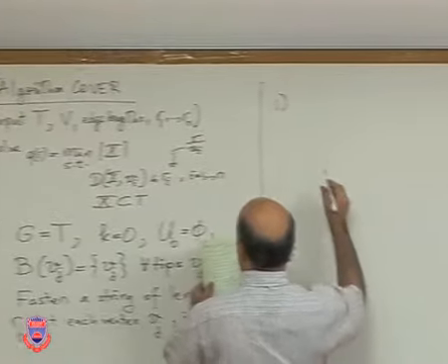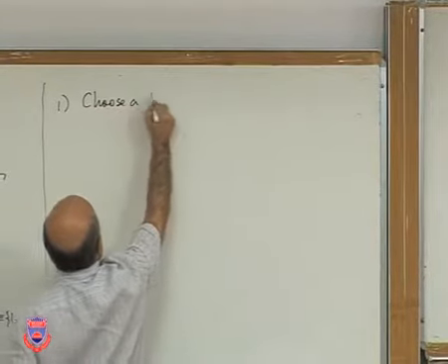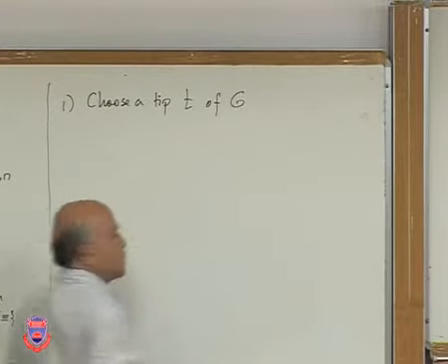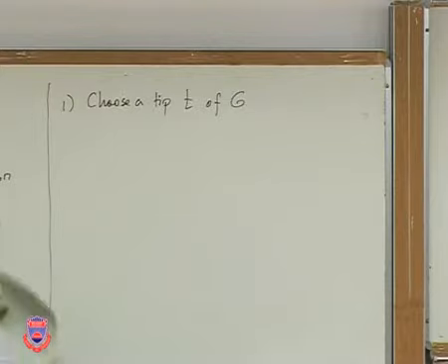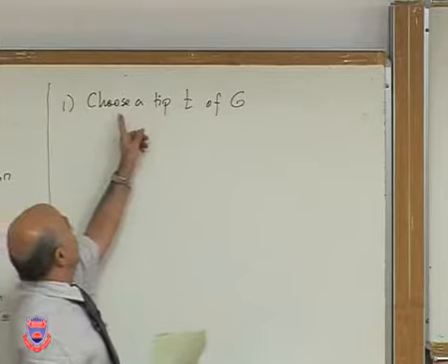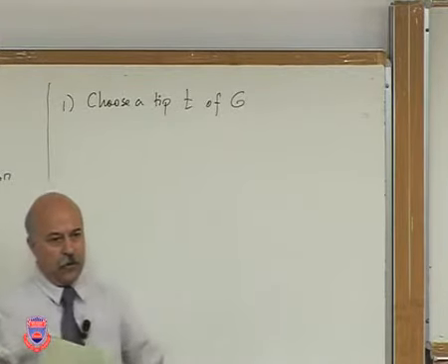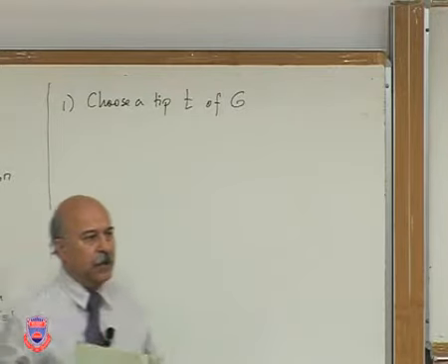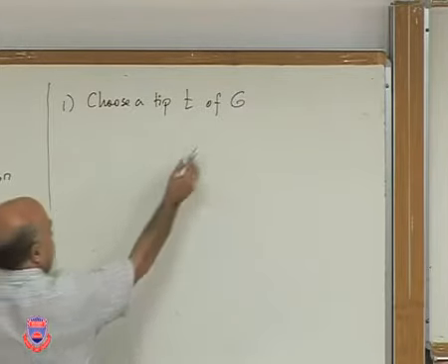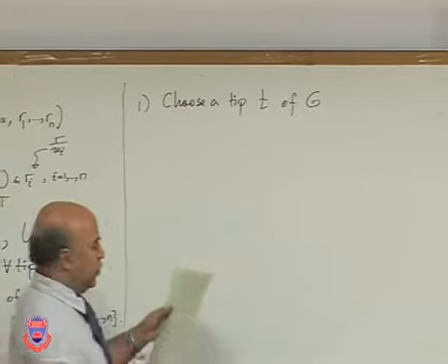The first step is to choose a tip vertex T of G. This is going to be some vertex, it's one of the tip vertices of the current green tree. So as you go along, something which is not a tip vertex at the beginning may become a tip vertex later on, okay? Because you keep updating G. Actually, you keep shrinking it or trimming it as you go along.